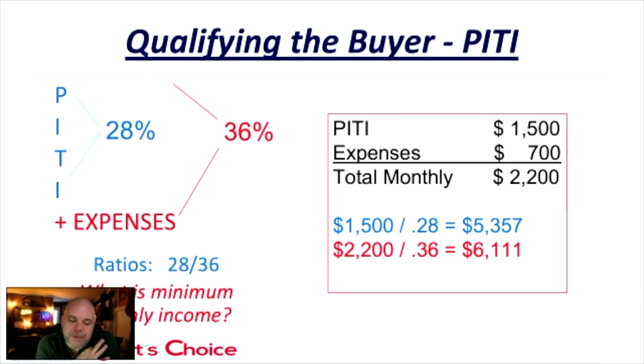So with both of these things, we need to now figure out how much the borrower needs to make in gross monthly income in order to qualify for this loan. Well, for the front end ratio of 28%, we take that $1,500 house payment and divide it by 0.28.